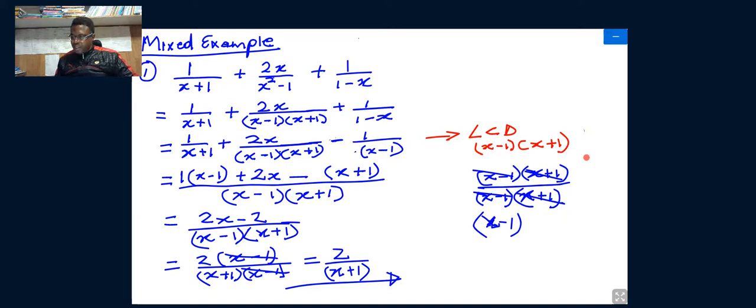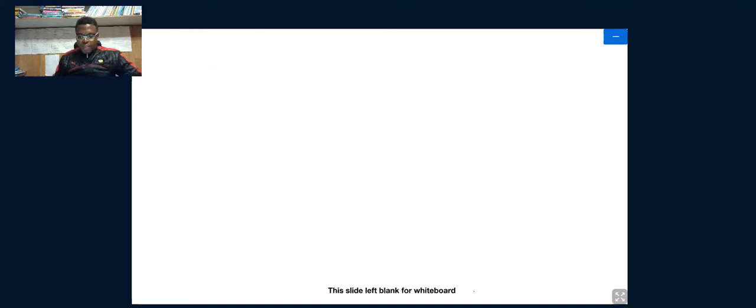Okay? I think I'm going to need more space. I move to the third slide. Everybody remembers laws of exponents. I'm not going to explain them again. If you need the laws of exponents, you must look into my previous lectures.